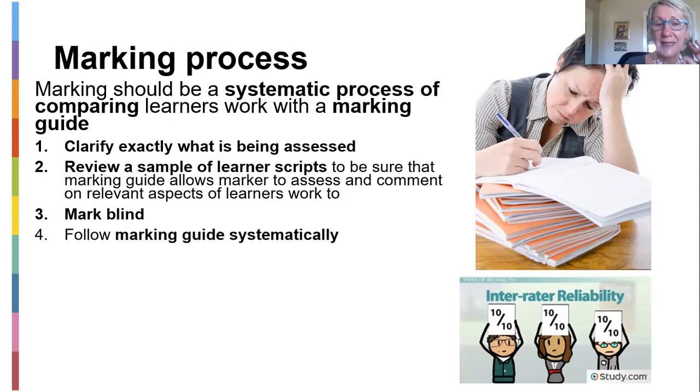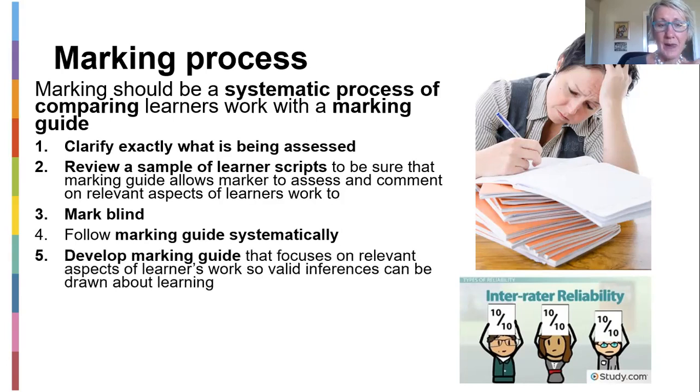Follow the marking guide systematically. All right, so as the marking guide is put down there, follow that clearly. Develop it as you're going along, because you can focus more and more on what should be there, and maybe there's some other aspects of the learner's work that's valid that you can actually develop into your marking guide. Give them feedback.